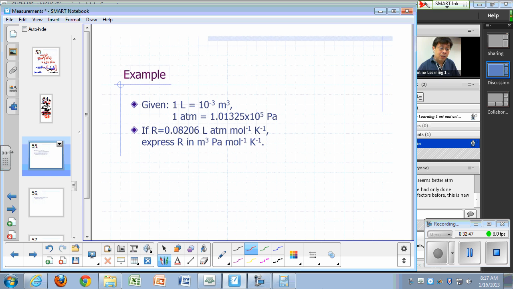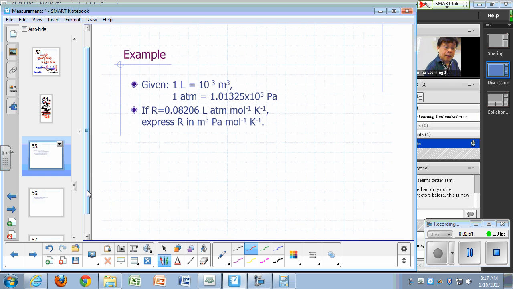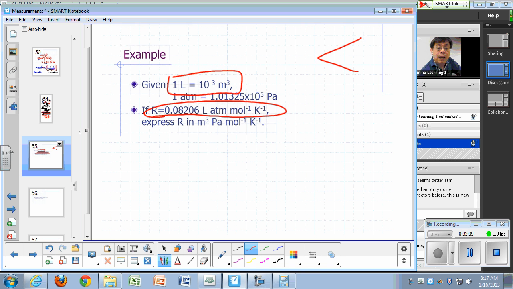This is something you'll encounter when you do gas laws. The ideal gas constant R is 0.08206 liter atmosphere per mole per Kelvin. A liter is 1/1000 of a cubic meter. Imagine you have a box that's 1 meter on each side, 1 cubic meter.